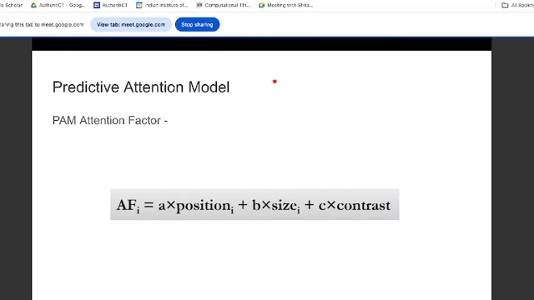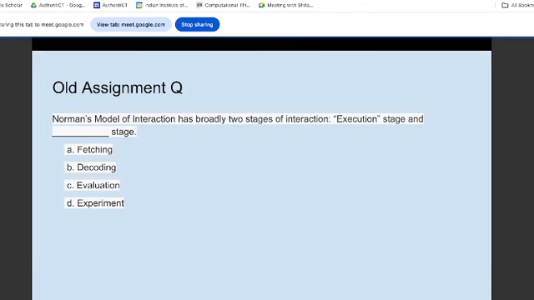Next, we go to the predictive attention model. Initially, we have been talking about descriptive models. In descriptive models, there were 3 types that we saw. One was Houston's three-state model, the second was Guiard's bimanual lateral model, and the third was Norman's interaction model.